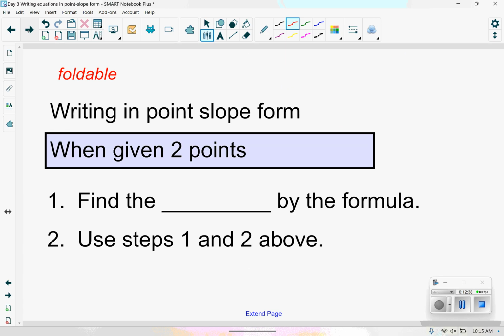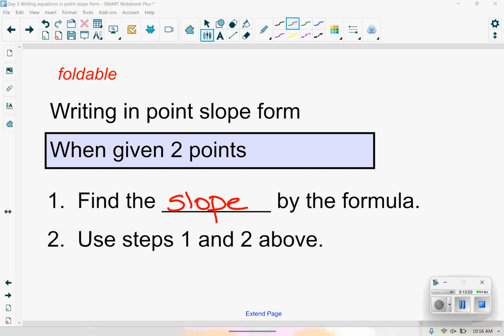All right, so let's go to your foldable and write this in. Open it up, and in there you'll see writing a point slope form when given 2 points. So we're going to find the slope by the formula, and then we're going to use steps 1 and 2 above.